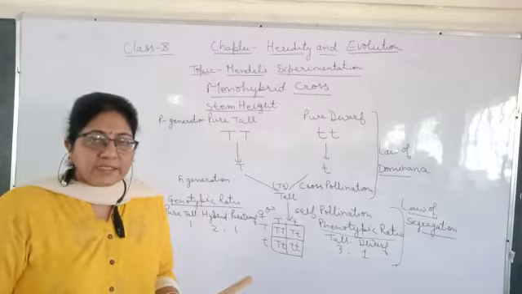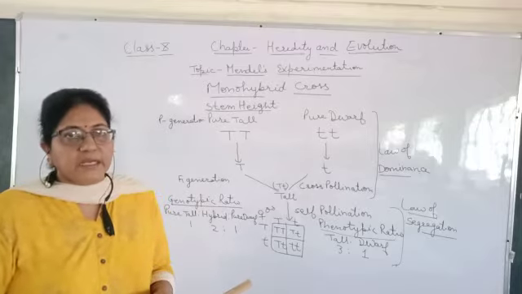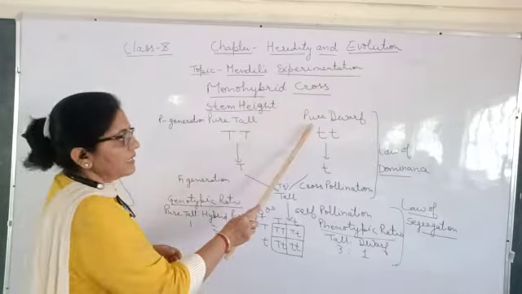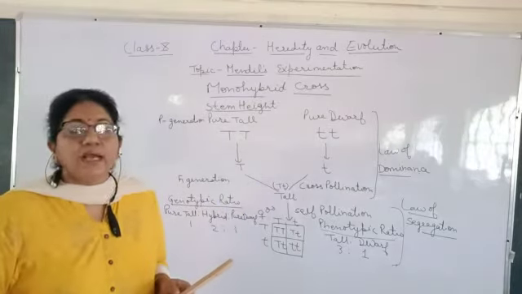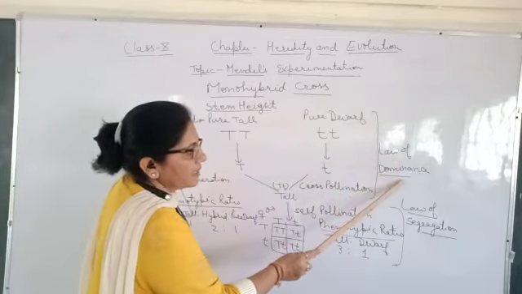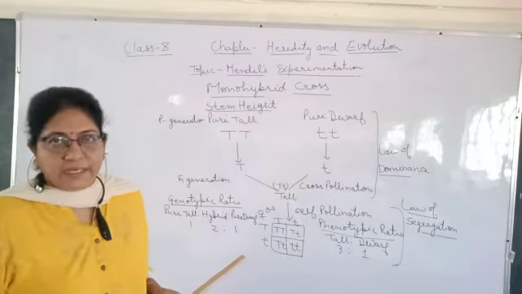Either they are expressed or they are unexpressed. So expressed traits are called dominant traits, and unexpressed traits are known as recessive traits. And with this, Mendel gave the law of dominance.